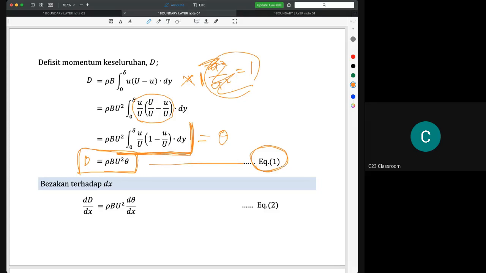Then to simplify our calculation later on, we differentiate with respect to x. So we have dD over dx here, which is equal to rho b U square d theta over dx. We label it as equation number 2.